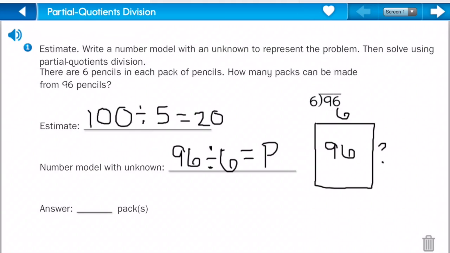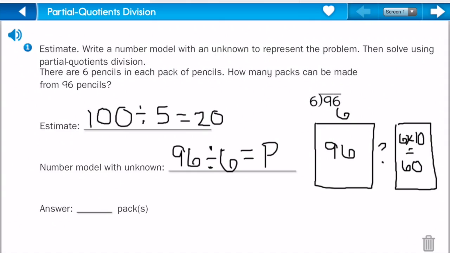So we're going to try to figure this out. So now I'm going to think of multiples of 6 so that I can get closer to 96, okay? So my first multiple I'm going to use 10. So I'm going to do 6 times 10 in here, and that equals 60, okay?